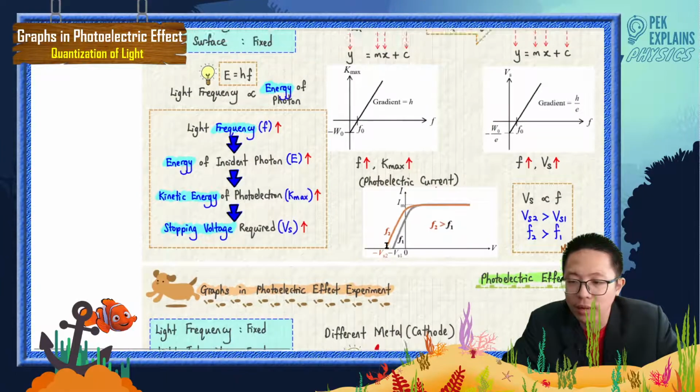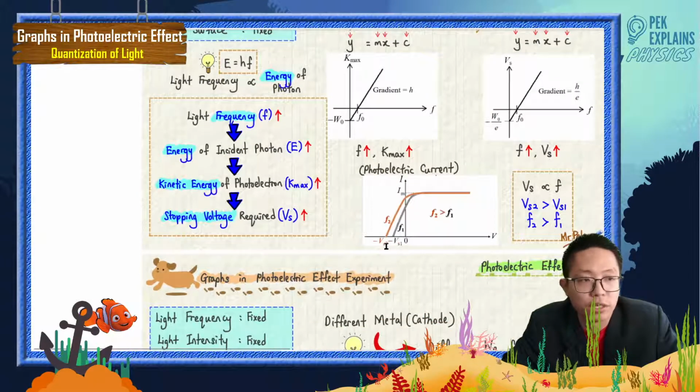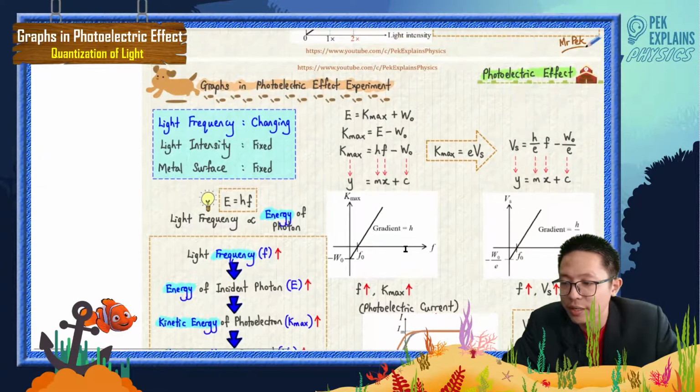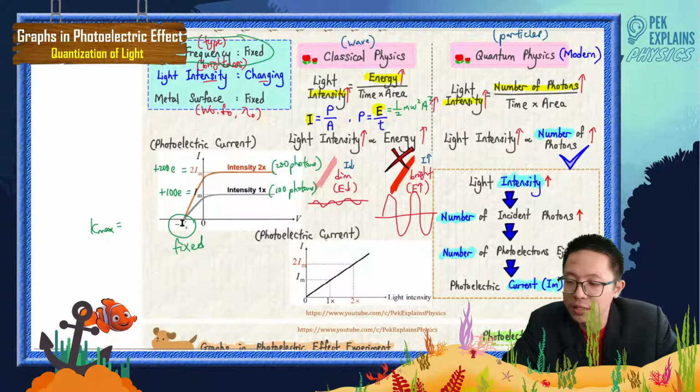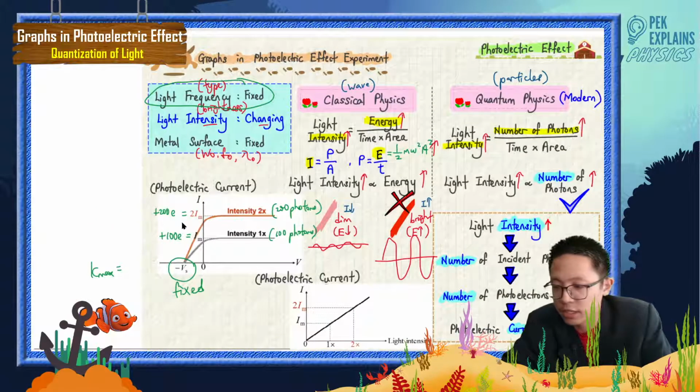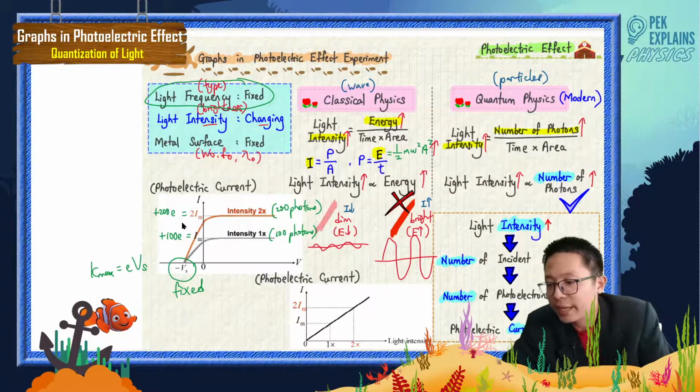How will the stopping potential change? The voltage doesn't change, because it depends on the eVs, and Kmax depends on this formula.